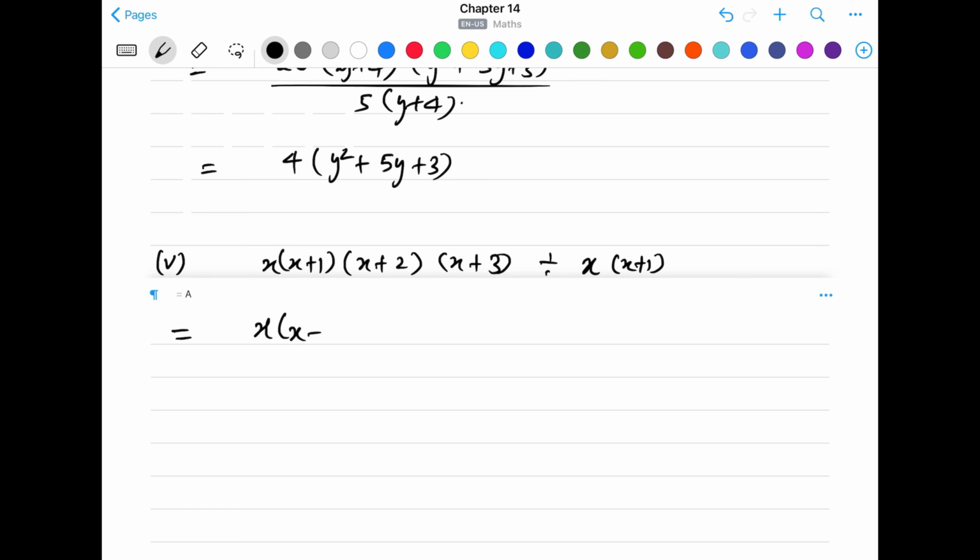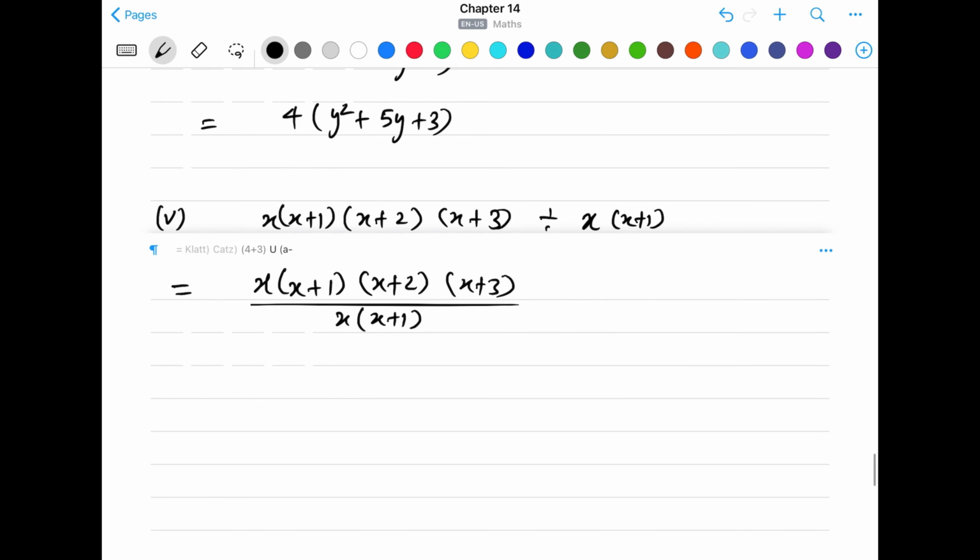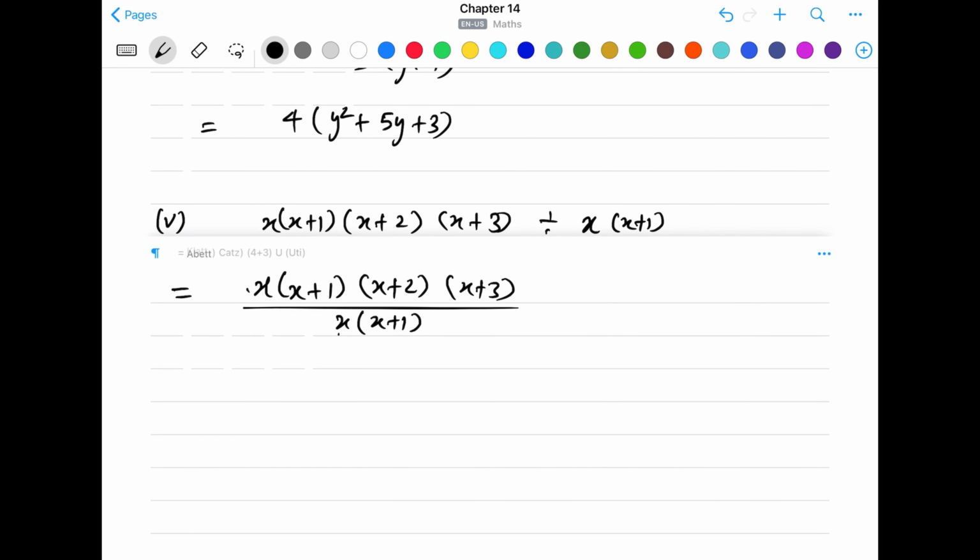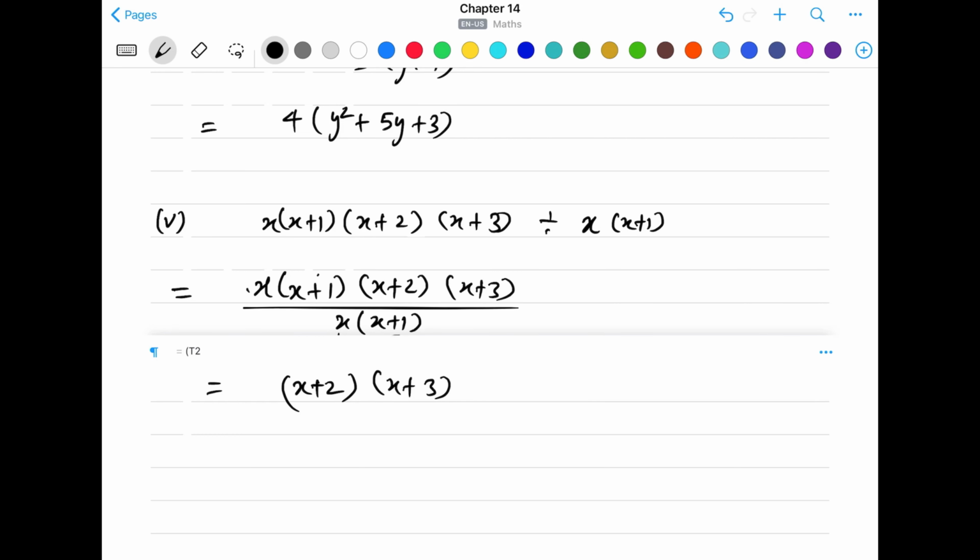We have x into x plus 1 into x plus 2 into x plus 3, and this is divided by x into x plus 1. Simply this x will be cancelled by the x here, and x plus 1 will be cancelled by the x plus 1 here, so we're left with only x plus 2 into x plus 3. Okay, so that's the answer for this one.